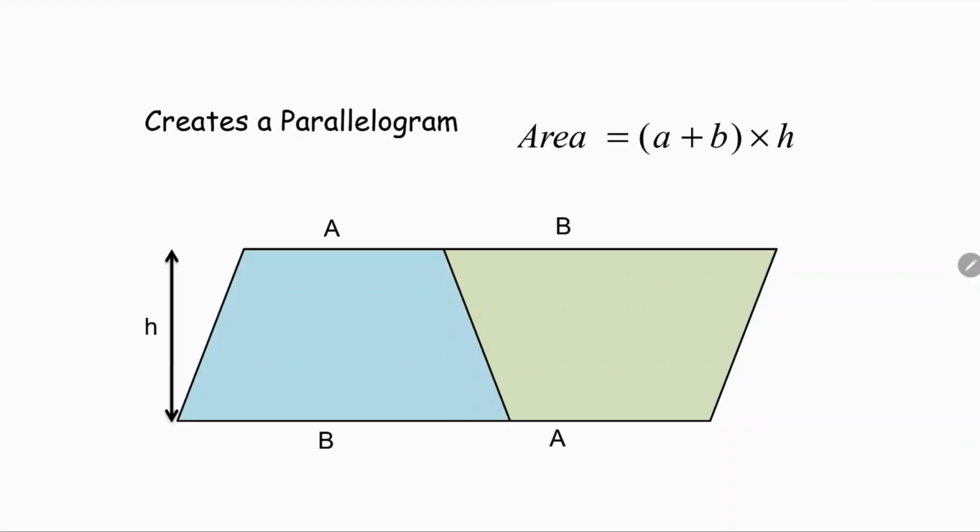Now the base here would be B and A, or you could say A and B. So A plus B times the height.